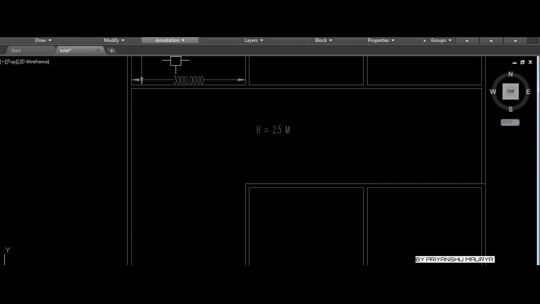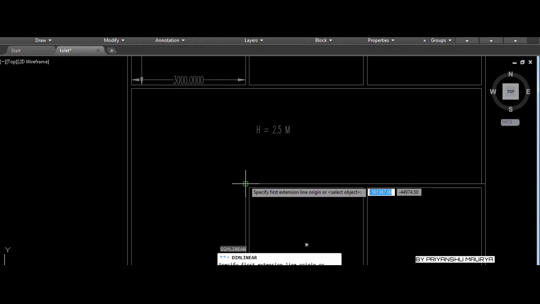Let me use the DLI command, dimension linear. Here the size.